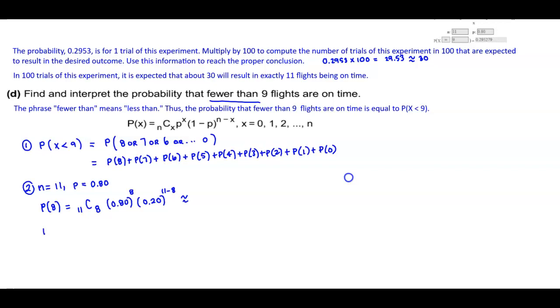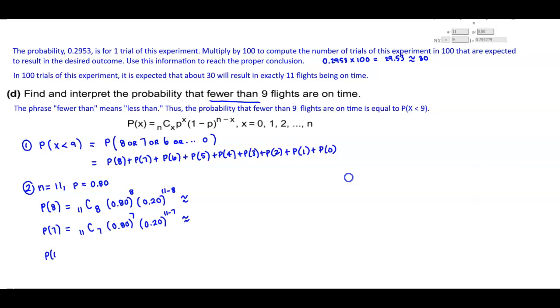Then we're going to set up each one of these and plug them into our calculator. So the probability of 7 is going to be 11 combination 7, times 0.80 to the 7th power, times 0.20 to the power of 11 minus 7.